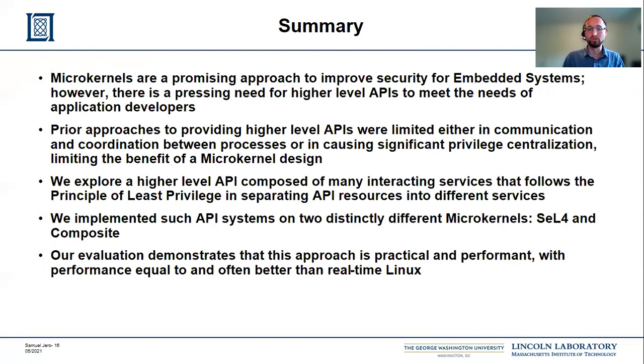In this work, we explore a high-level API composed of many interacting services that follow the principle of least privilege in separating API resources into different services. We implement such API systems on two distinctly different microkernels, SEL4 and Composite, and our evaluation demonstrates that this approach is practical and performant, with performance equal to and often better than real-time Linux.